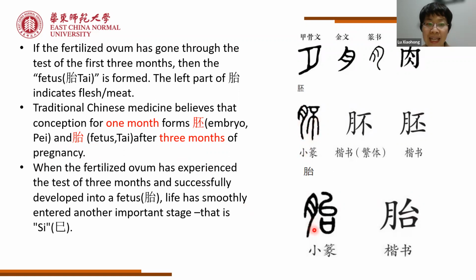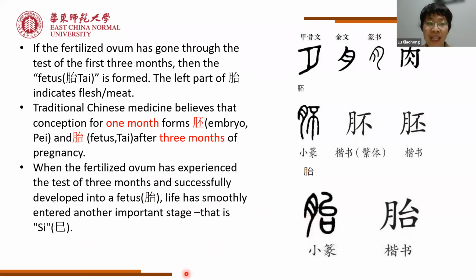And then Tai, that's 3 months of pregnancy, or the little baby at 3 months. You can still see in Pei, the left side is meat.